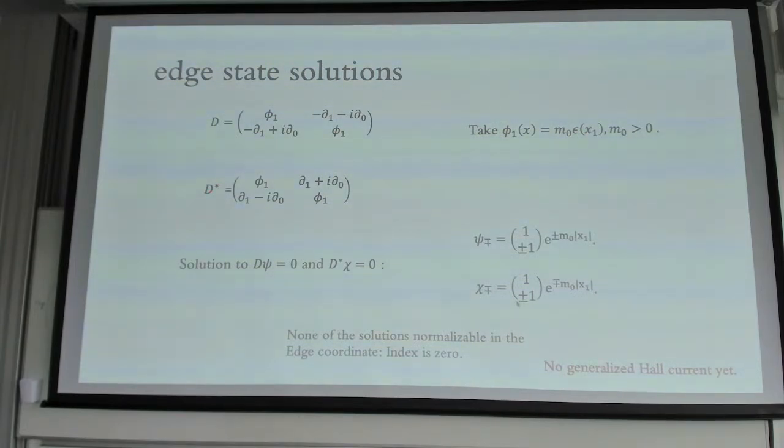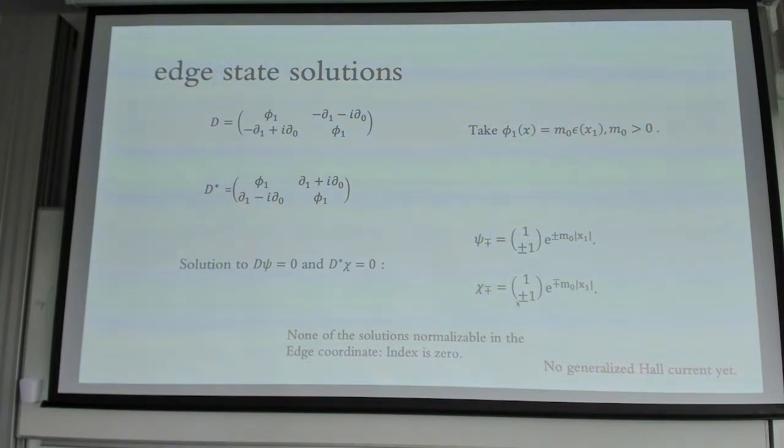And if I solve for the edge states, I find that there are two massless edge states for d and two for d dagger. And none of them are normalizable in the time direction, of course, right? I don't have any mass term in the time direction. So none of the solutions are normalizable in the edge coordinates, so my index is 0, so there's no generalized Hall current at this point.